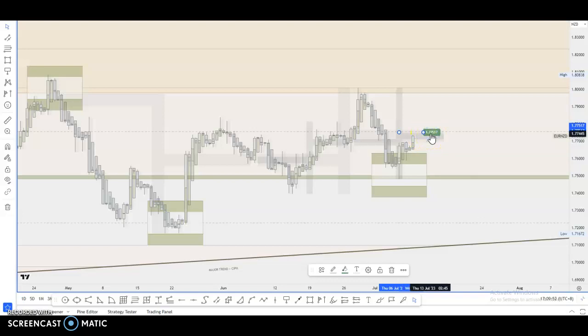And yes, we have. All of you who are using the ICT strategy, it has a so-called fair value gap. They call it the fair value gap, but I call it only a gap. My gap is different from what most mentors teach you.